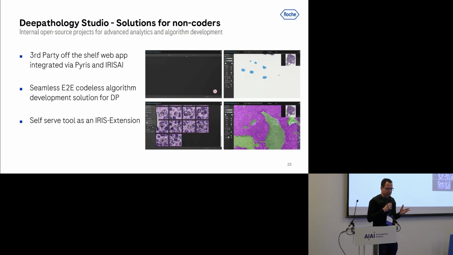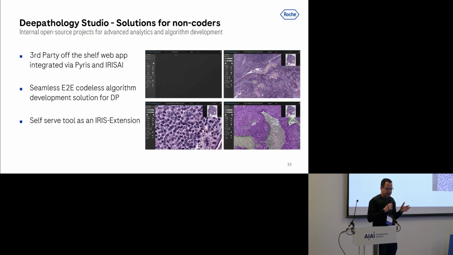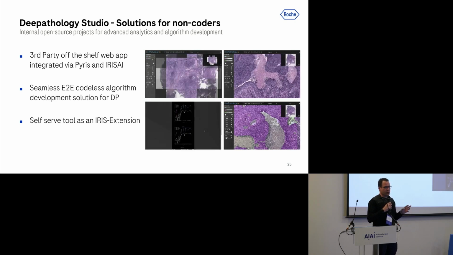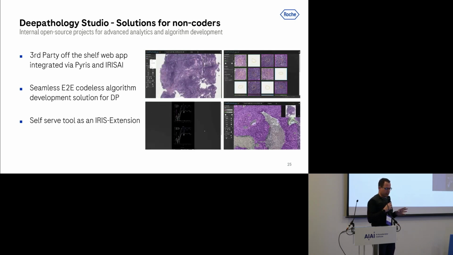So this off-the-shelf web app has been integrated into Iris through the extension concept, and it allows our customers to create deep learning-based computer vision algorithms and deploy them on our app catalog without writing a single line of code.